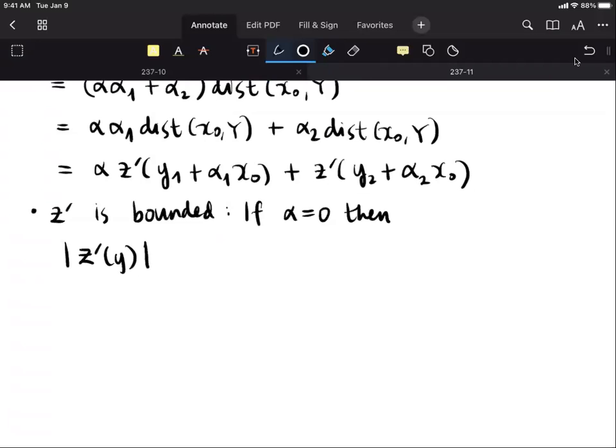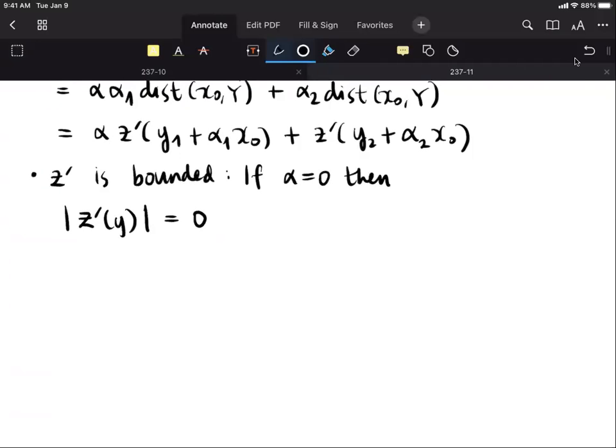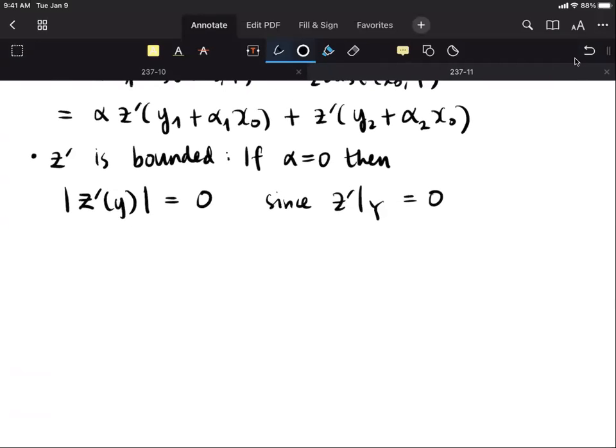So here, this is basically, by definition, equal to 0. Since you can write this as Z prime of Y plus 0 times x naught, or you can use the fact that Z prime restricted to Y is 0. Okay.